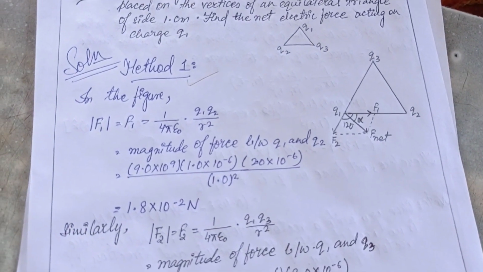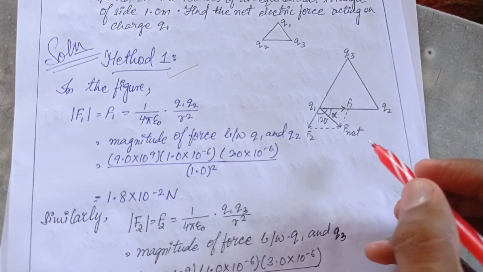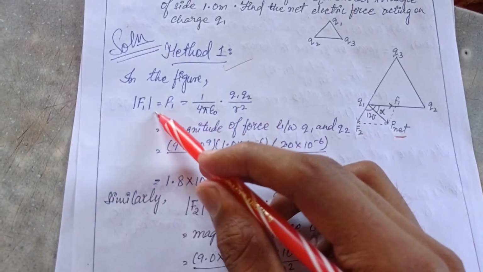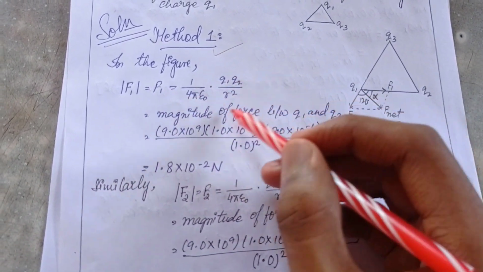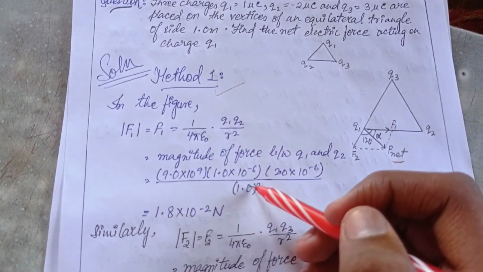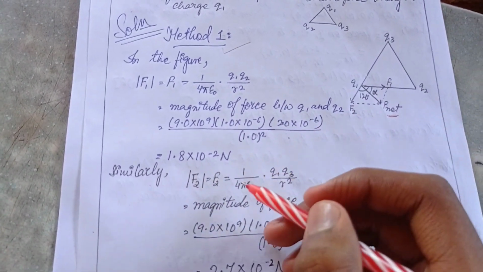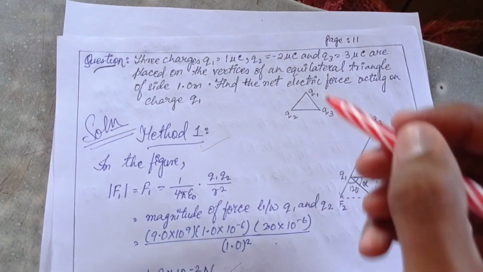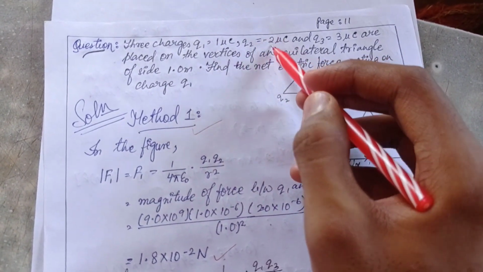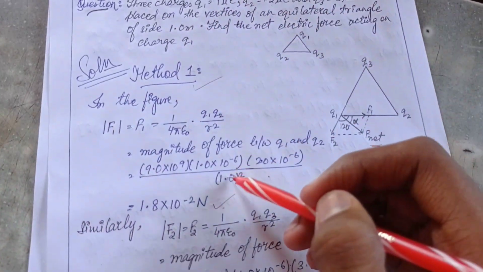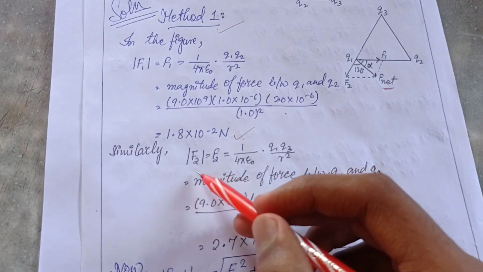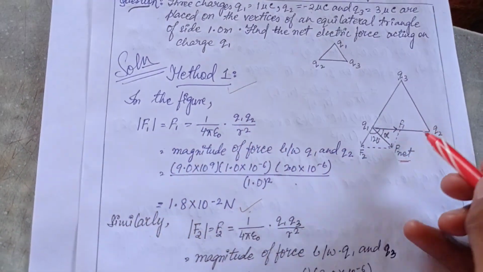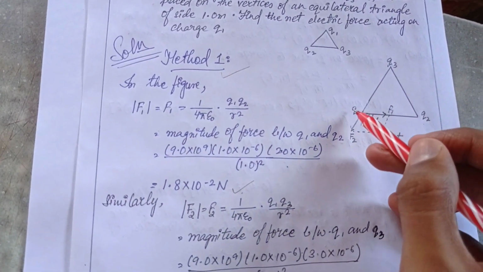In the figure we draw F1, F2 and F net, and we'll be taking out F net. In the figure, F1's magnitude we took out by putting the values, and then we got F1. Then we take out F2 between q1 and q3, whereas F1 was between q2 and q1.